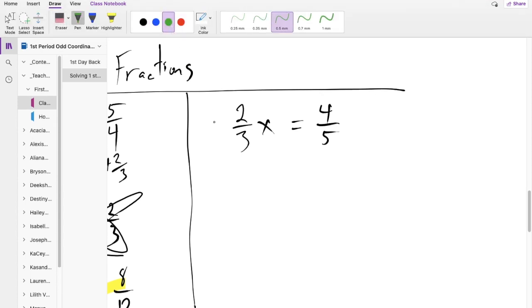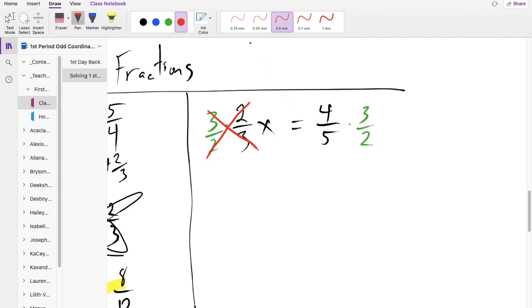I'm going to use a different color, because again, I want to keep it balanced. What you do to one side, you have to do to the other. And over on this other side, this 3 divided by this 3 is going to cancel to be 1, and this 2 divided by this 2 is also going to cancel to be 1. That's why we multiply by the reciprocal, because we're doing the division and multiplication steps in one take.